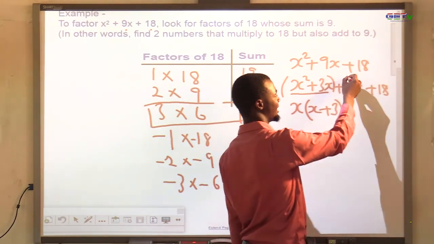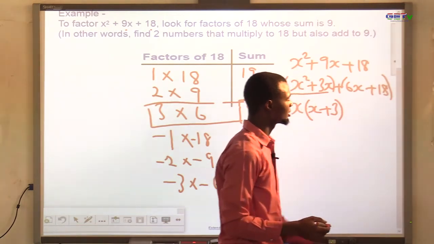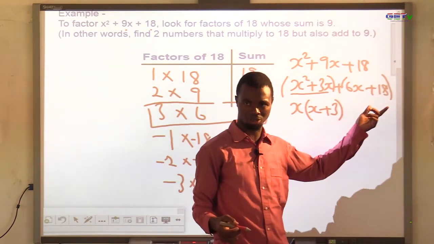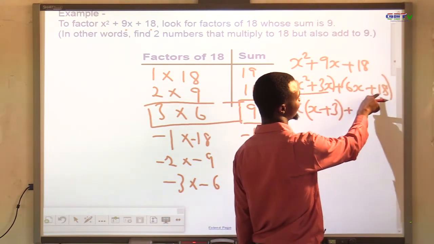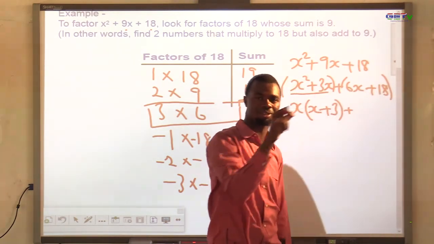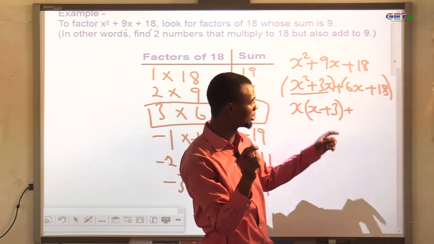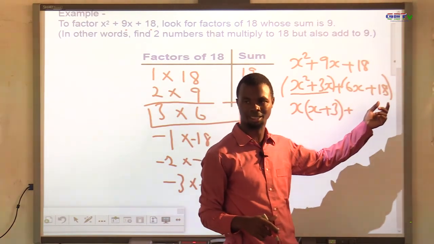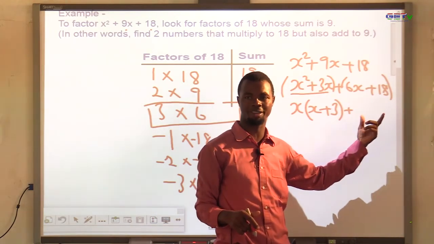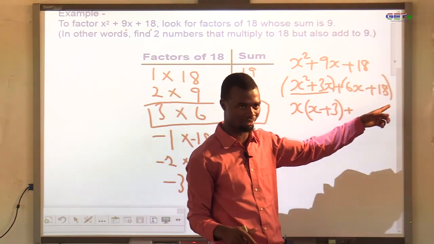Then the next part here is this one. What are the common factors? The common factor is in 6x and 18. The highest common factor will be what? You have 6x here, here we have 18. A variable cannot be a factor, since the other one did not have a variable.